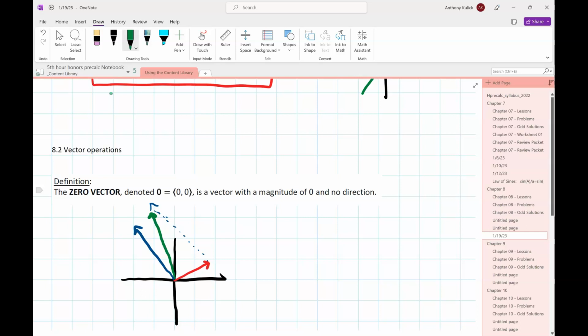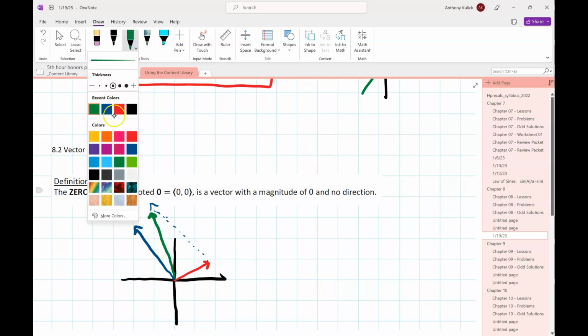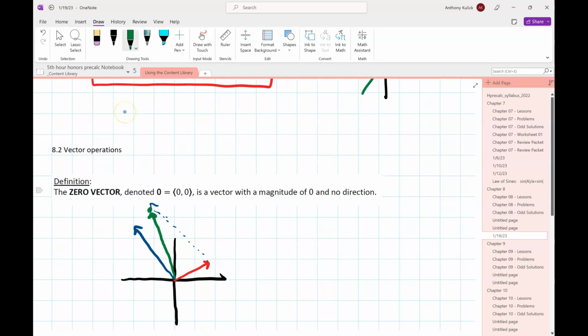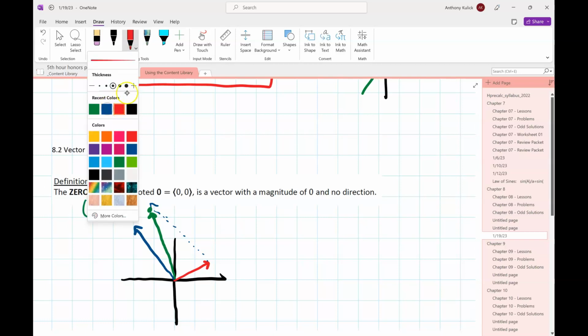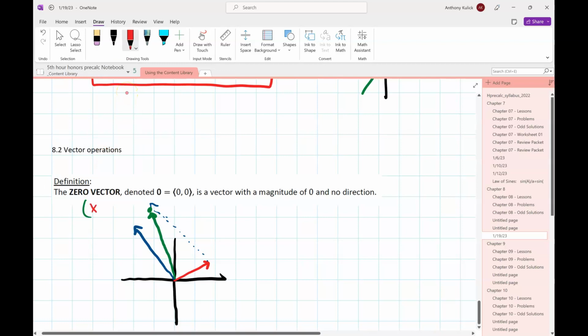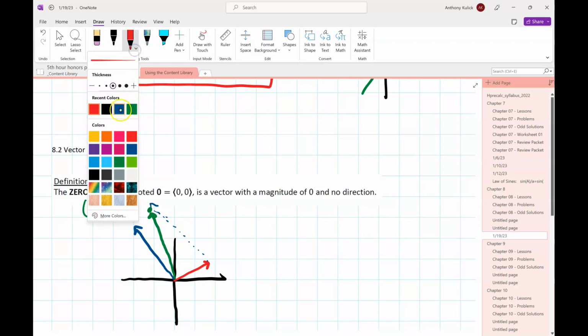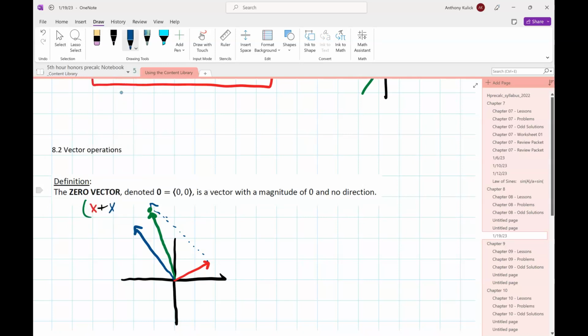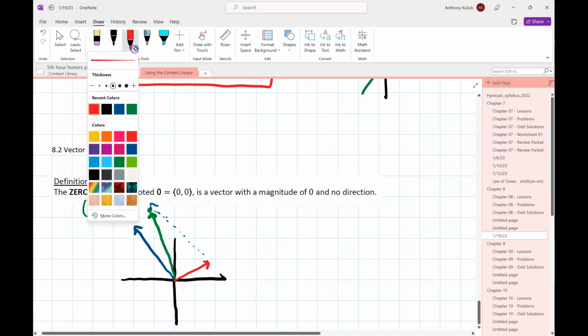So at the end of the day, if I want this point here, how did I get to that point? Well, I took the x-coordinate of the red vector and I added to it the x-coordinate from the blue vector. Everybody agree with that? And similarly, to get the y-coordinate, I took the y-coordinate from my red vector and added to it the y-coordinate from that blue vector.